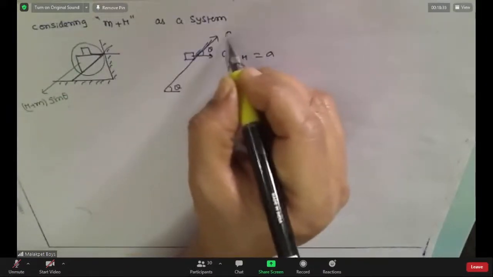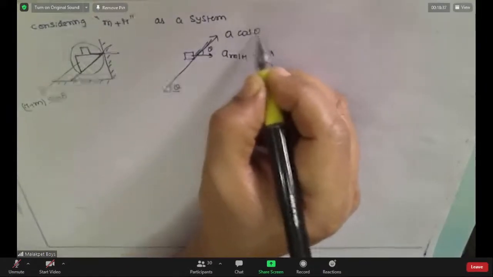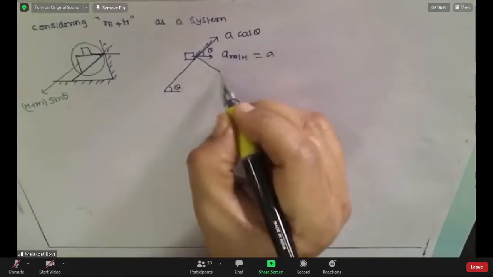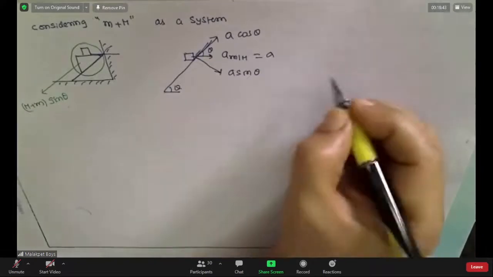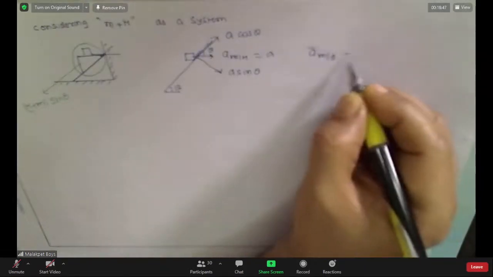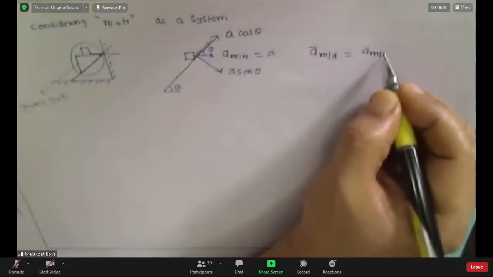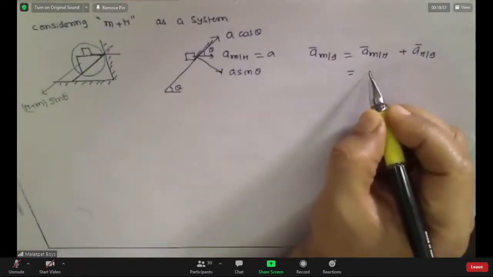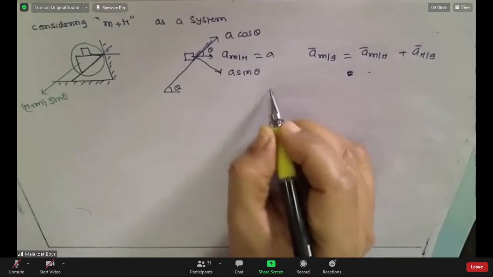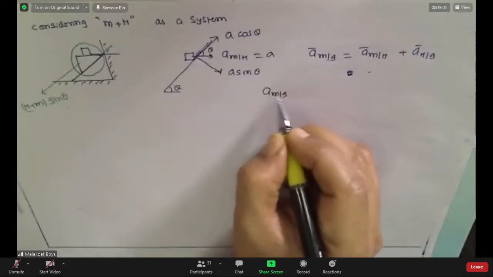This is A cos theta. What is this? Perpendicular to the plane. Okay, now you already know this one with respect to ground, because I want to solve this with respect to ground. So this will be the situation. This is nothing but the same thing down the plane if I want.